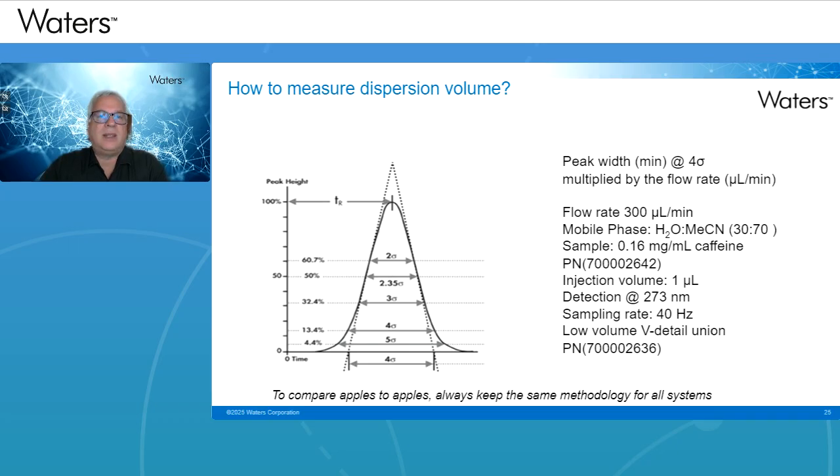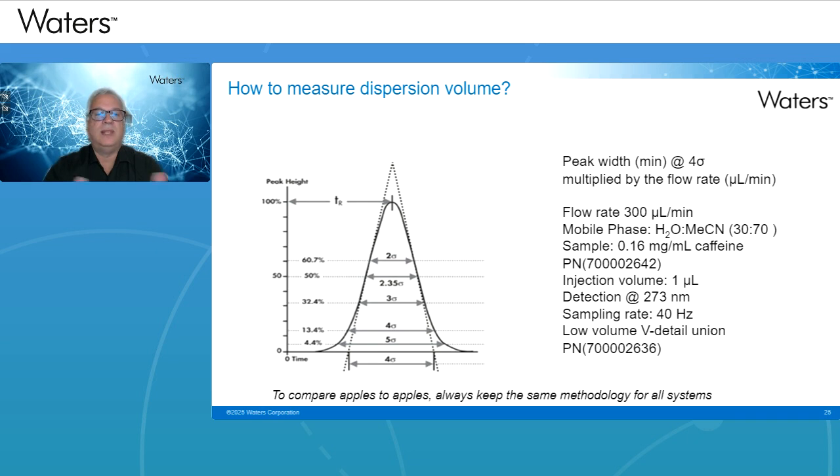It's not important to calculate it; it's important to be aware. If you look at your system and calculate the dispersion, you will know what to expect in terms of column to select.